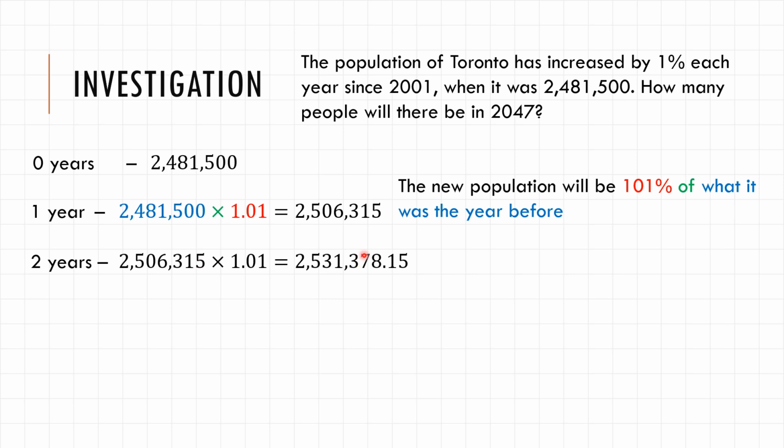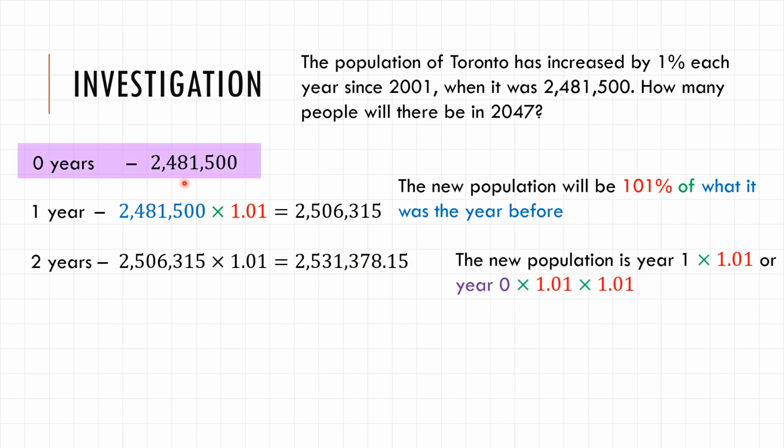So the new population that I got here is the population from year 1 times 1.01. Or if I want to express it as one operation, if I want to skip this step, I'm taking the population in year 0 and increasing it by 1% 2 times, once, twice.